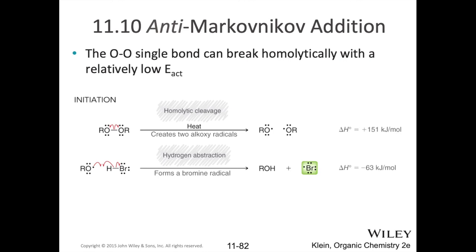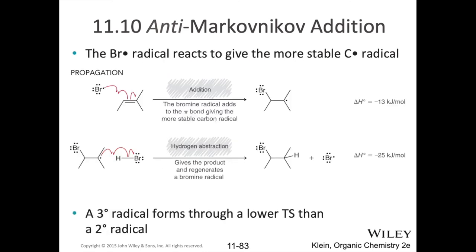Now, of course, you don't necessarily need a lot of that radical because it will then go on to a hydrogen abstraction and form your bromine radicals that will go on to the propagation step that we're going to see. All right, so our bromine radicals will do an addition to our pi bond in our alkene. Now which carbon do you think our bromine is going to add to? Well, here it's shown adding to this carbon over here.